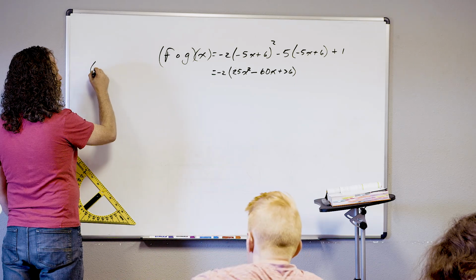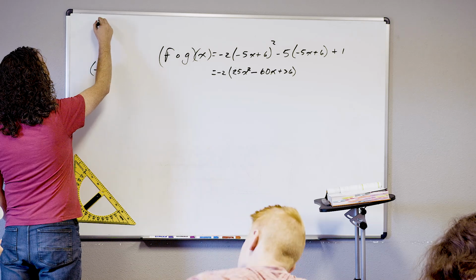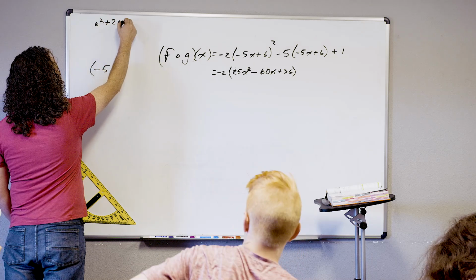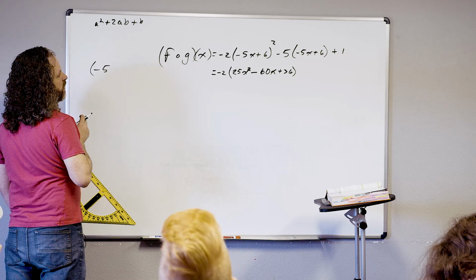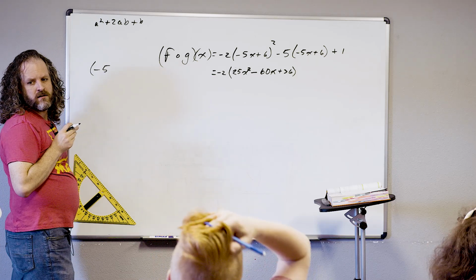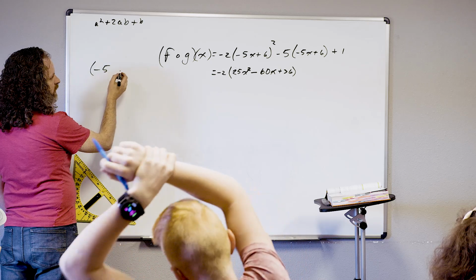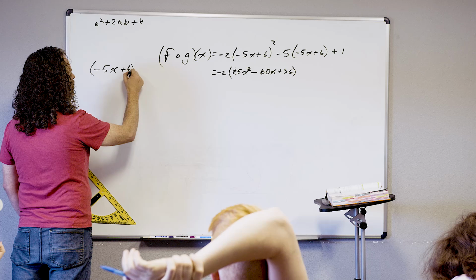We'll do it the long way too. Wait, how did you get the 60? So the shortcut is a squared plus 2ab plus b squared. Yes. So 2 times 6 is 12, times 5 is 60. But we'll double check it with the long way real quick, just to sanity check our way through things.